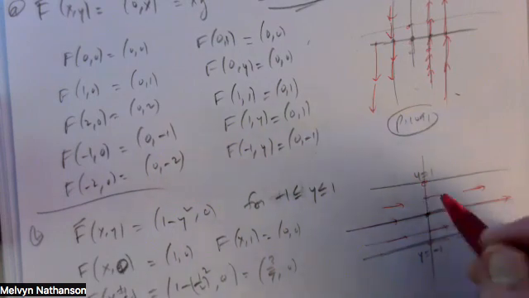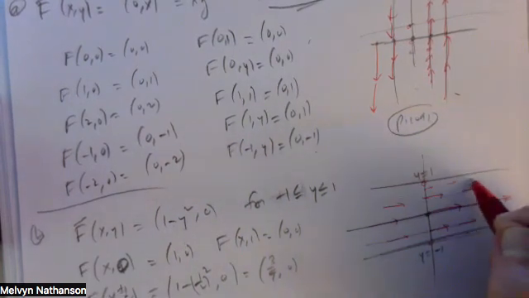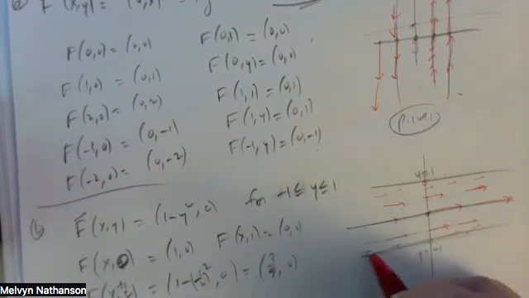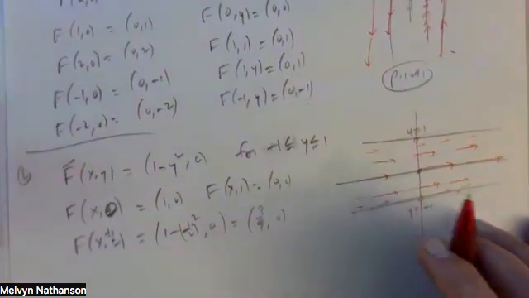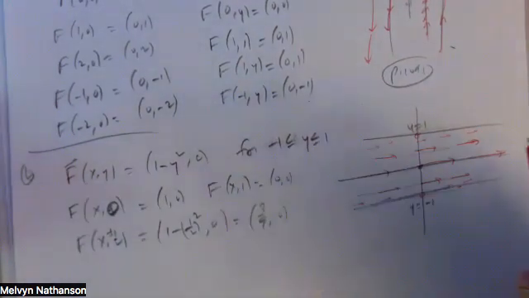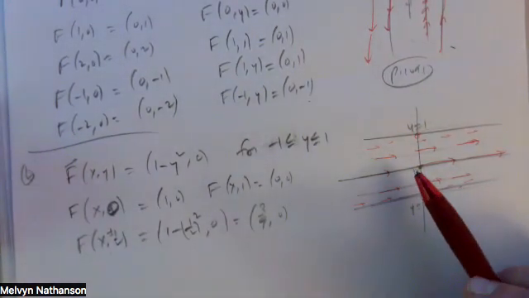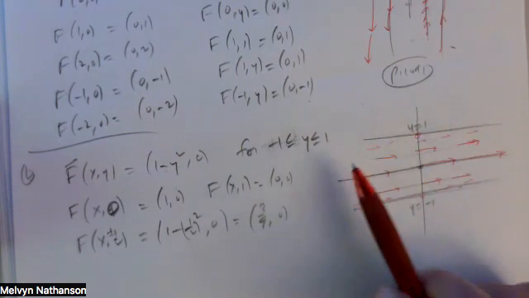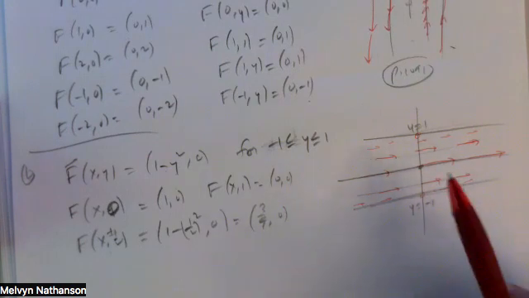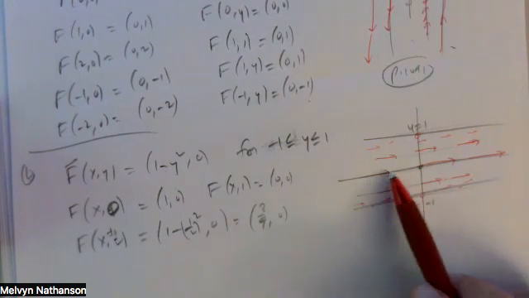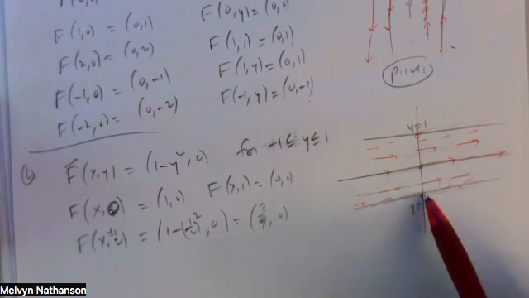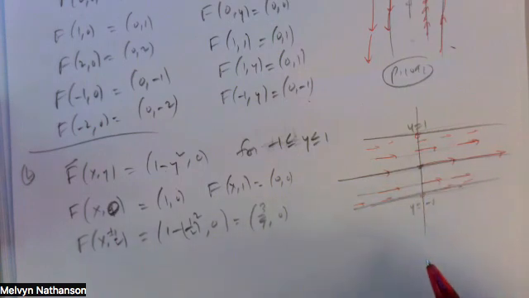As you get closer and closer to the boundaries, if you think of this as describing the flow of a fluid, this is a channel, and the water is flowing through the channel at a certain high rate in the center, decreasing towards the boundary, and at the edges, the water's not moving at all. It's still.